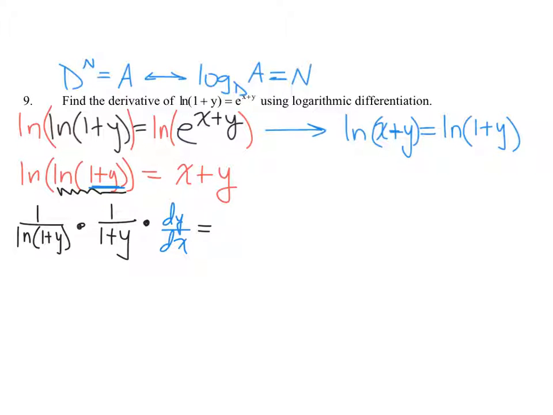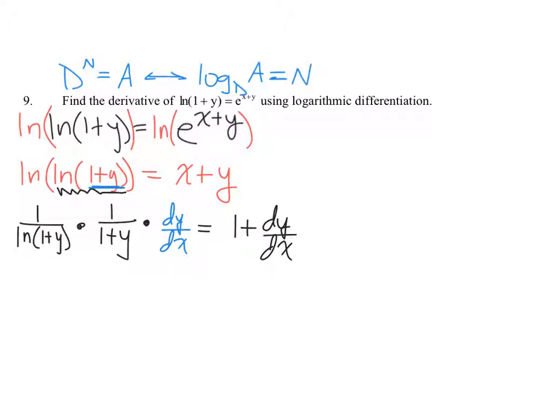So a couple of things have to happen here. Let me get rid of this, because I botched that. Of course I did, because it's Friday. So what do we say? 1 plus dy/dx?